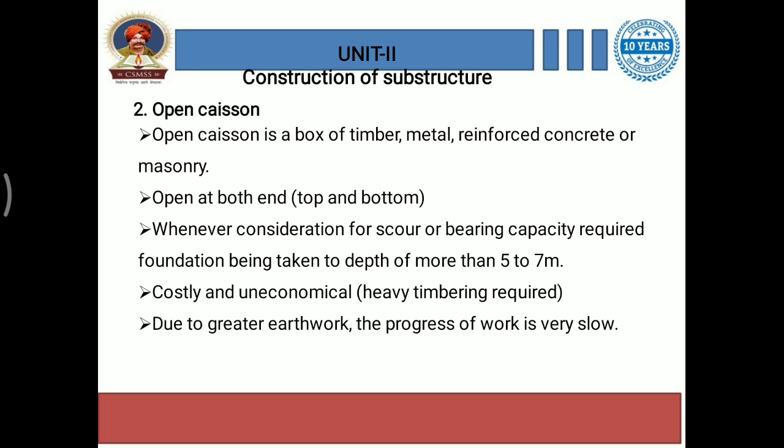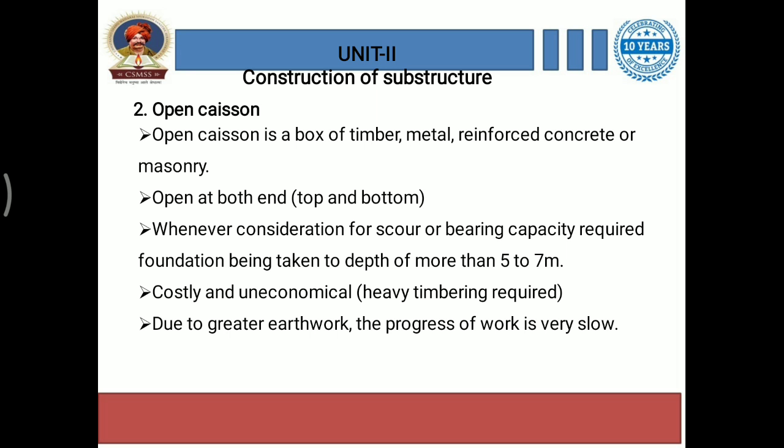Whenever consideration for scour or bearing capacity is required, the foundation is taken to a depth of more than 5 to 7 meters. Then open caissons are costly and uneconomical. Heavy timbering required. Lots of timbering work is required, and that's why it is costly or uneconomical.